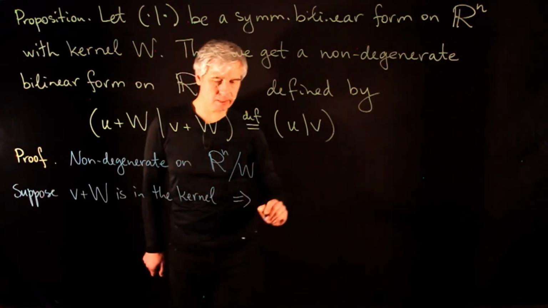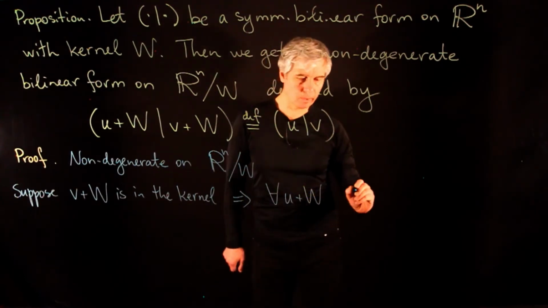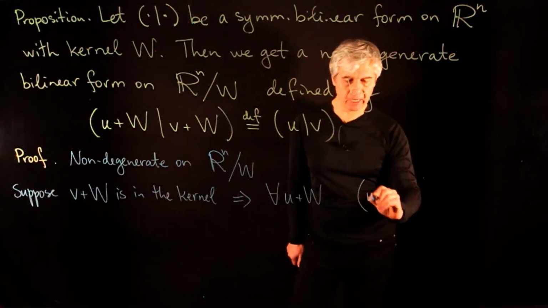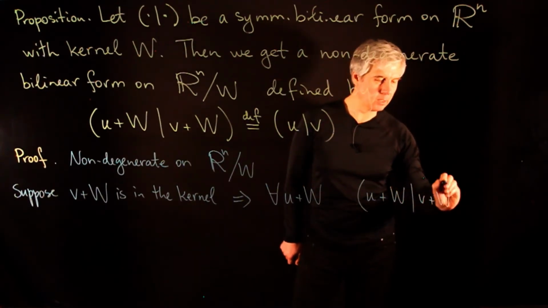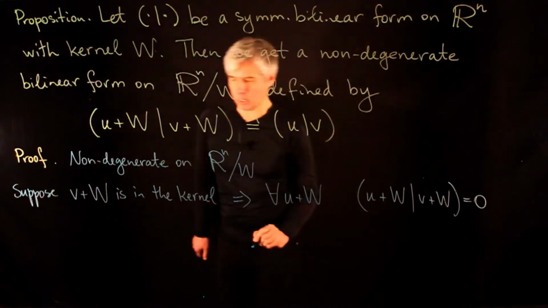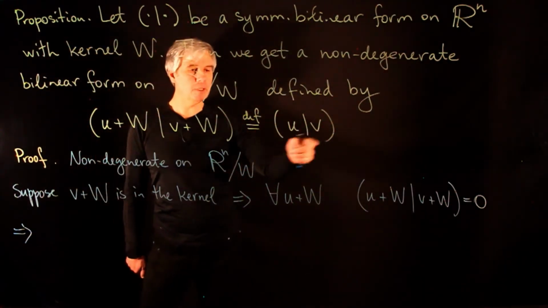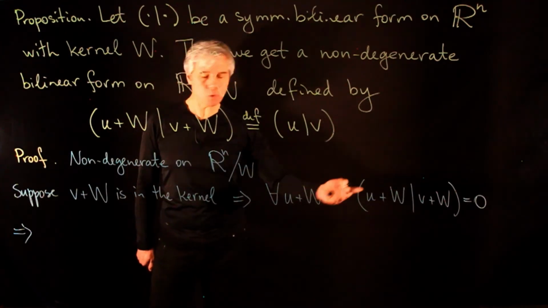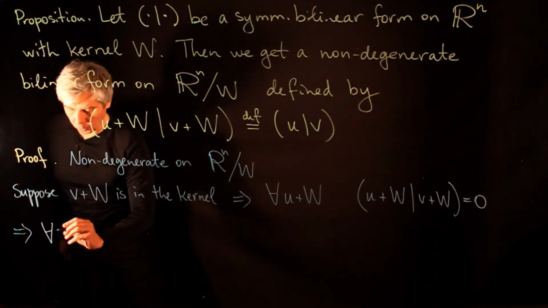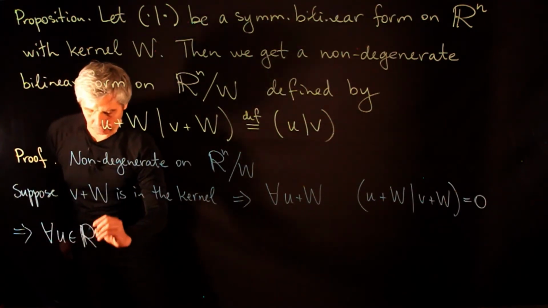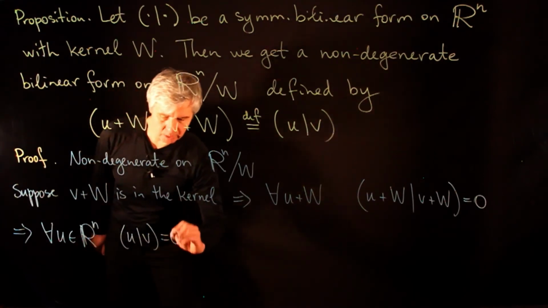Then this implies that for all cosets u plus w, the value of the bilinear form of u plus w with v plus w is equal to 0. But then from the definition of the bilinear form on the quotient space, this means that for all u in Rn, the value of uv is equal to 0.